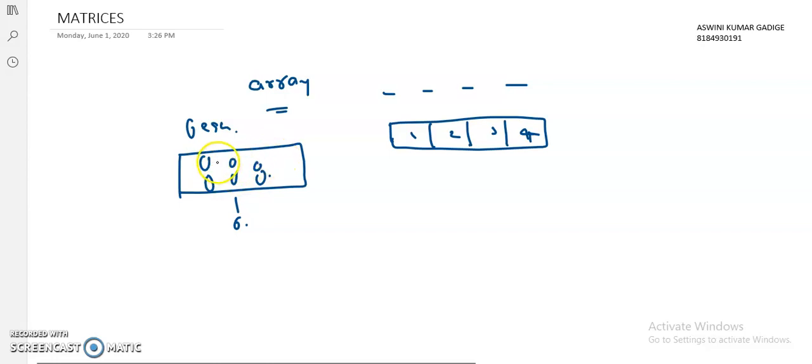So array means here, while coming to the matrix, we can arrange this array in a multi-dimensional way. Multi-dimensional way means if you observe this egg tray, it is a first array and it is a second array. That's why I'm saying this is a multi-dimensional array. Generally the matrices are represented in square brackets like this. Either it might be square brackets or rectangular brackets, whatever it might be.